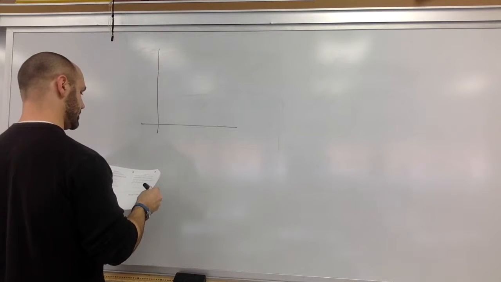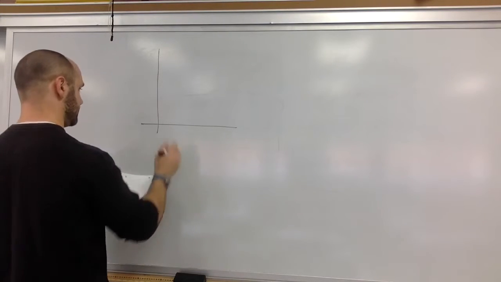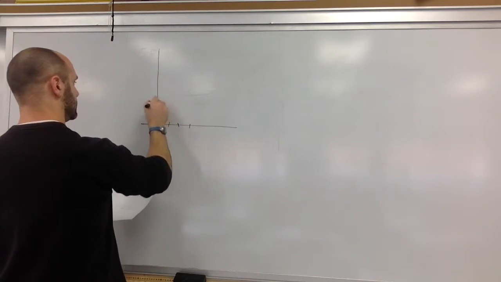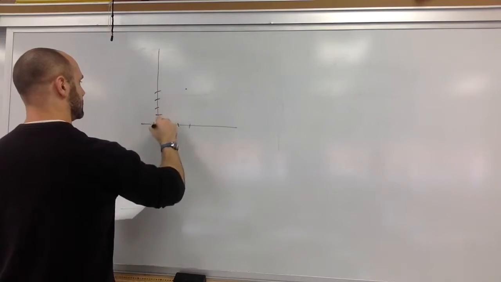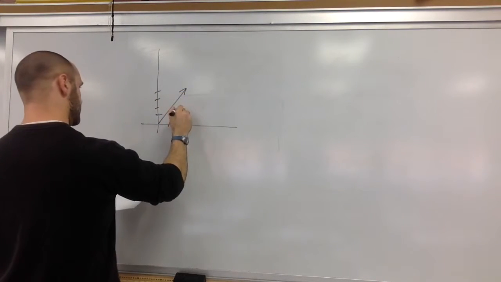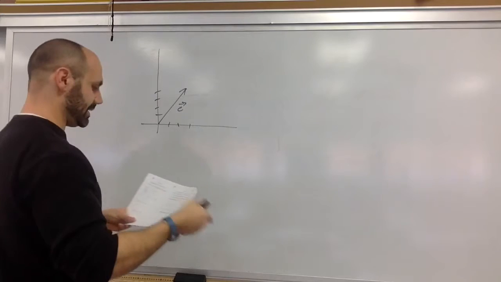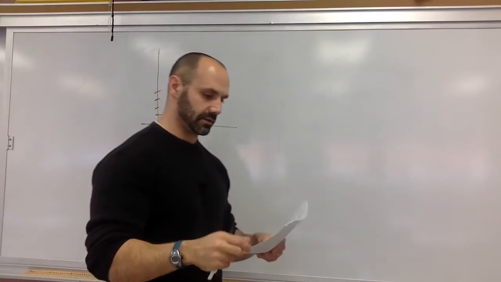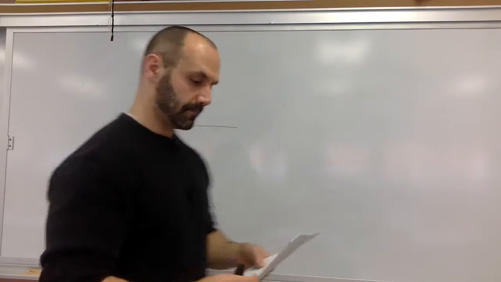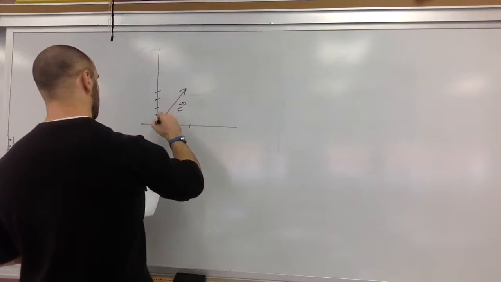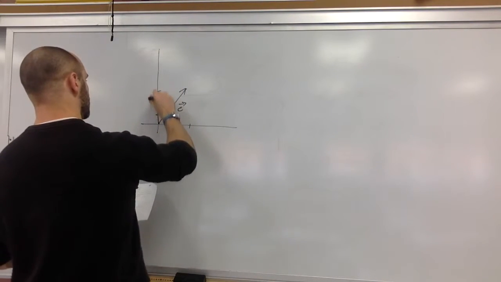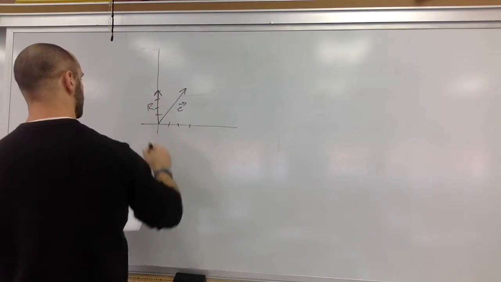So we're told that C is 3i plus 4j. So let's draw this out. This is C. And we're told that B is added to C, and the resulting vector is in the positive direction of the y-axis. Okay. So let's say that this is the resulting vector.